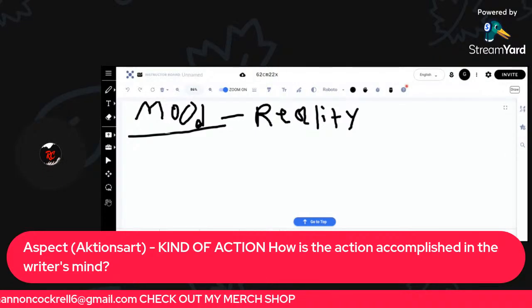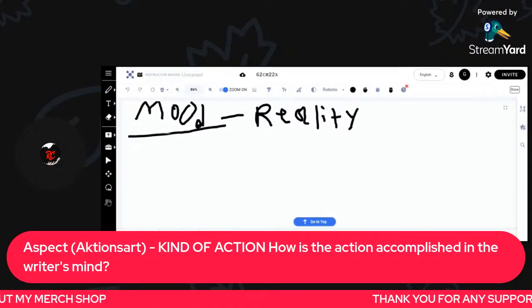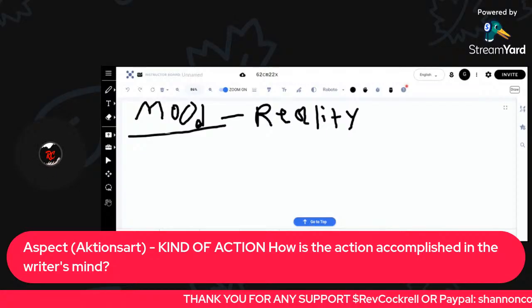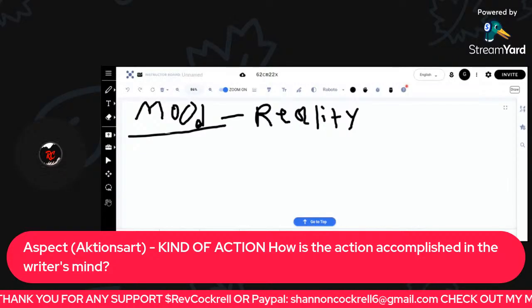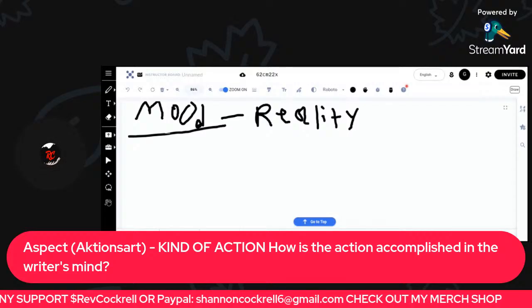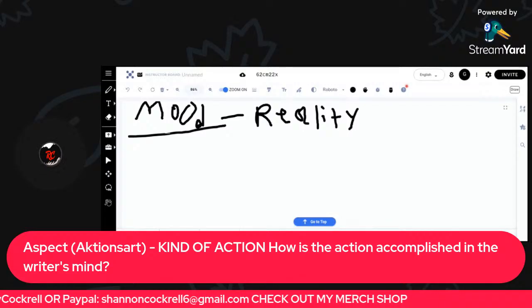So we have indicative, imperative, subjunctive, infinitive, and the optative.